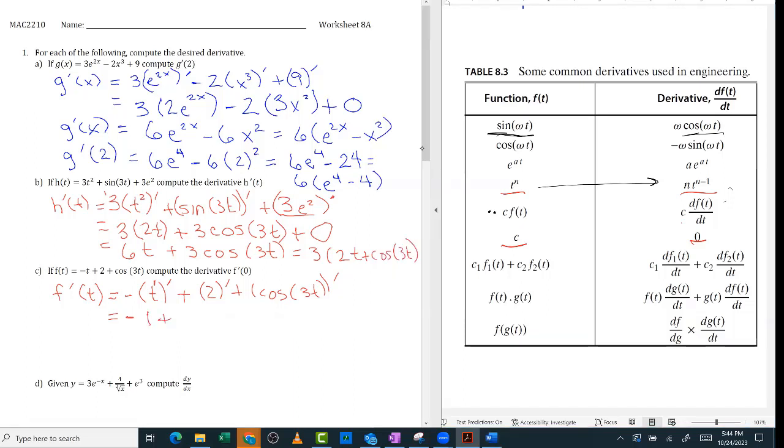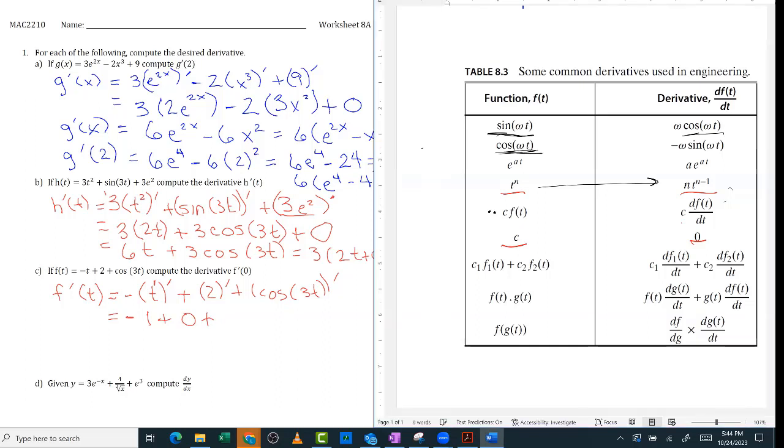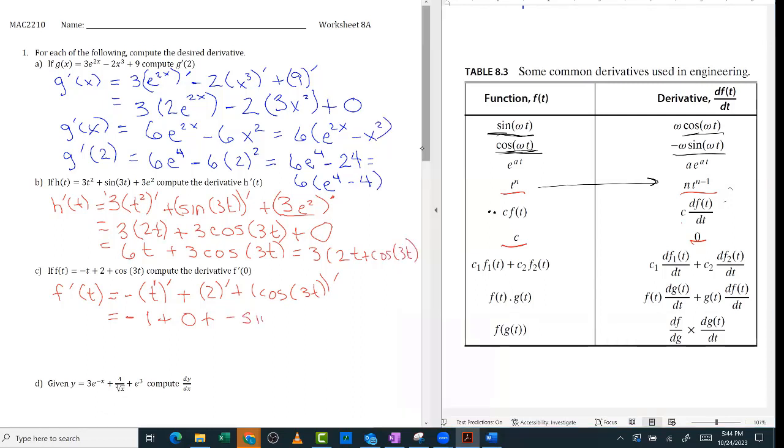Plus the derivative of a constant, 0. Plus, now we're looking here at cosine of 3t, where omega is equal to 3. And notice this one is a negative sine. So we get negative sine of 3t. But remember, it's times that omega, so it's minus 3. And that is the derivative.